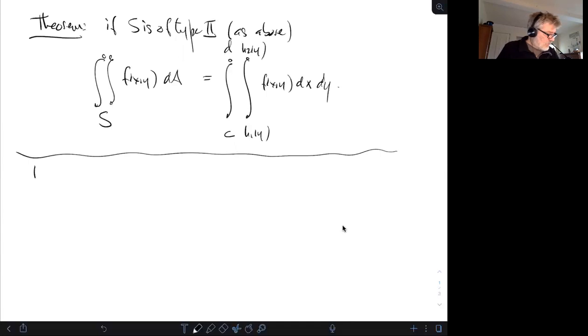Okay. Just a remark, and this is something you've seen also in Cal 2. So there are many regions which can be seen either as type 1 or type 2.